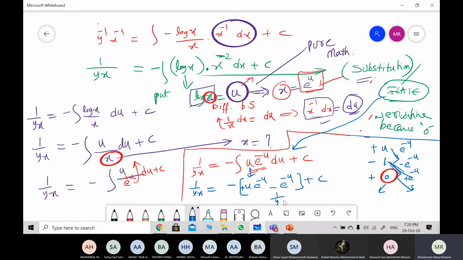And one over yx, minus u, how much? Where is u? This one. How much is u? log x. Just write log x, has e power minus u. Can I write it down like this? Yes, so it's the original.